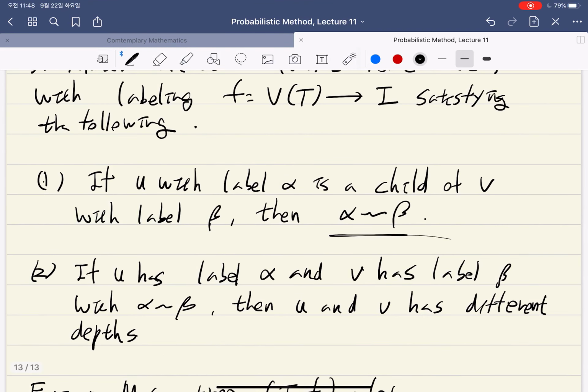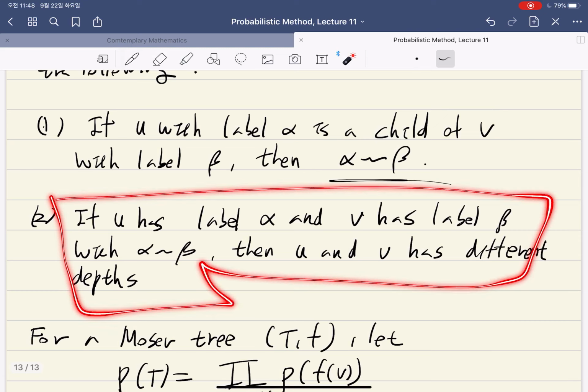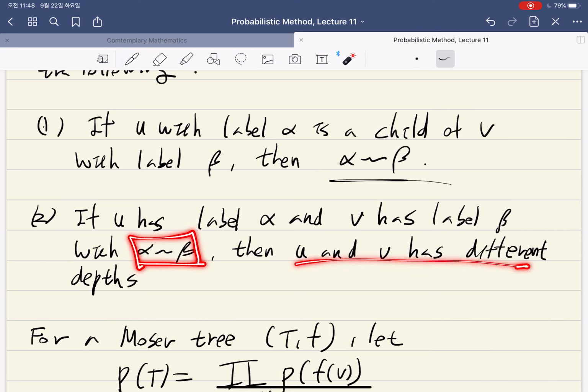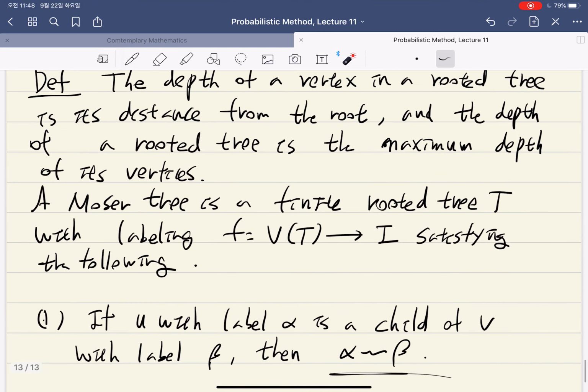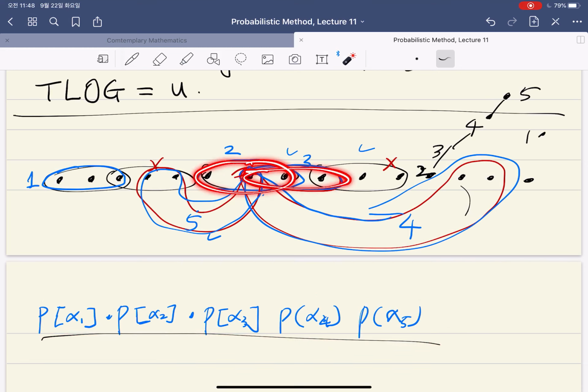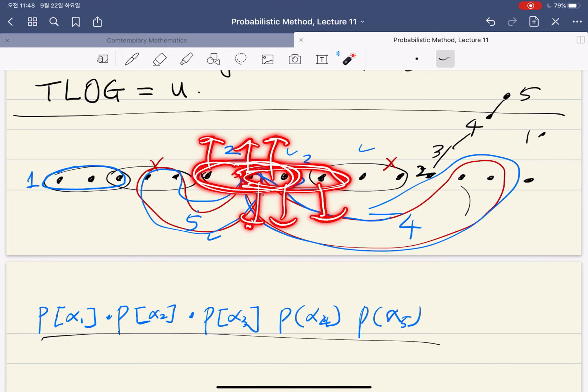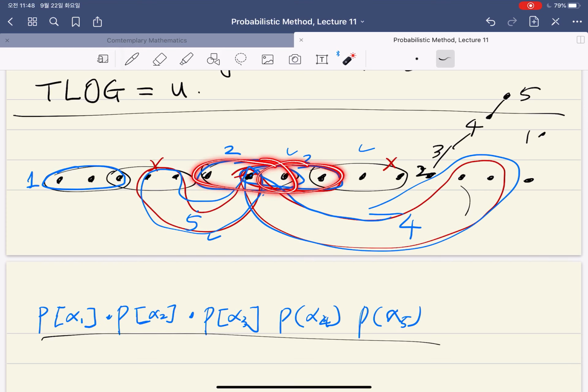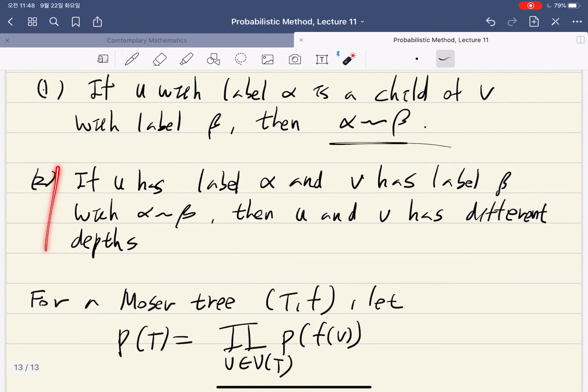And the second one is that if two are related, then they have to be at different depths. That's related to how we get this multiplication. So 2 and 3 are related, but here 2 is using the first round sampling, and 3 is using the second round sampling and the first round sampling. So we want to make sure that they are disjoint. That's also related to this definition.